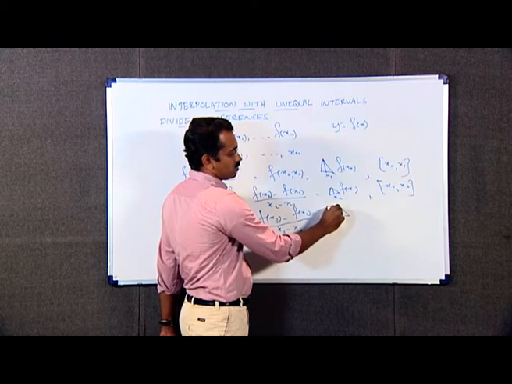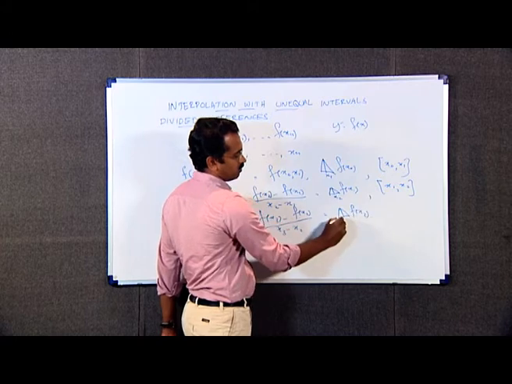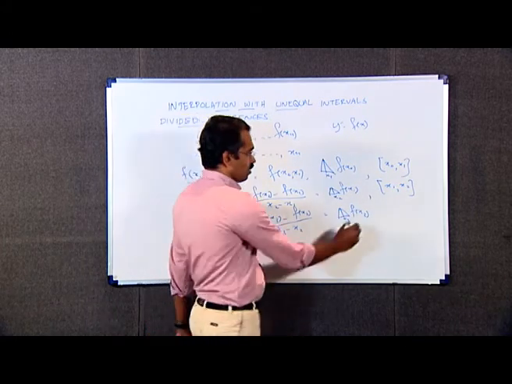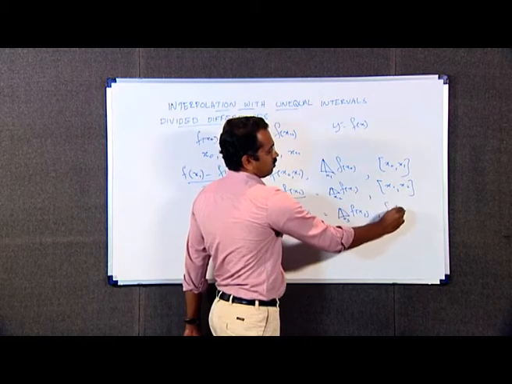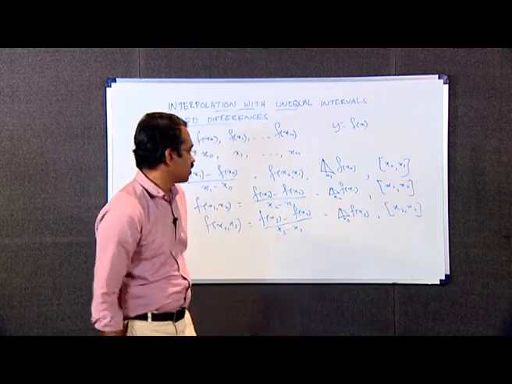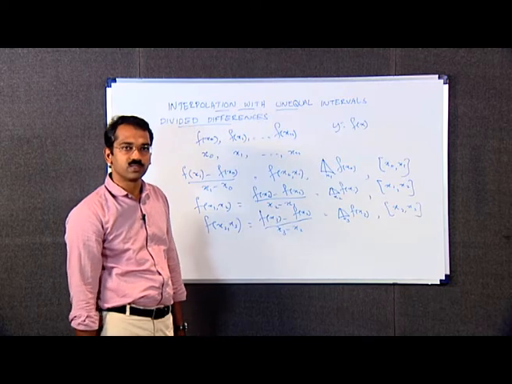We can use this notation, divided delta f of x2, here we use x3, or x2 comma x3. Similarly, we can define all the first order divided differences.